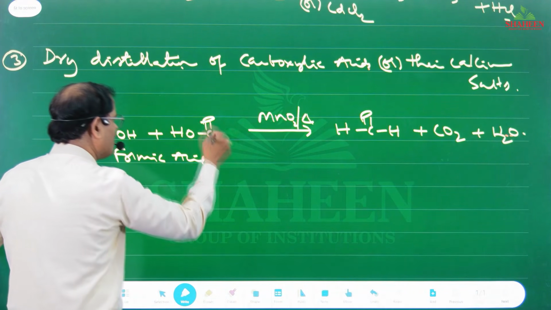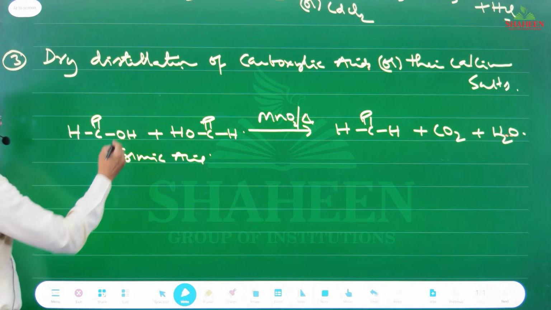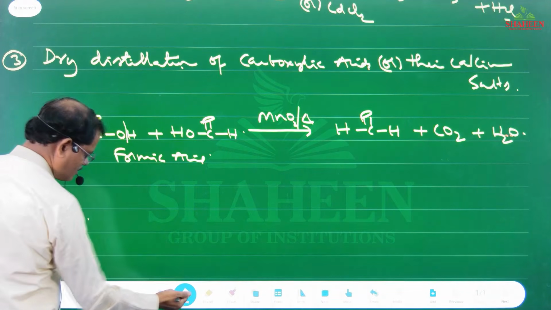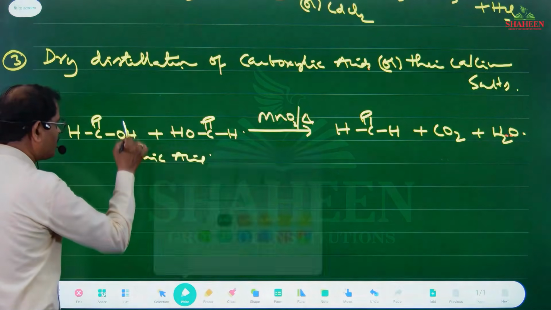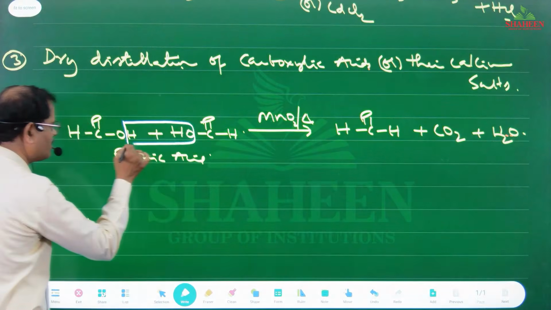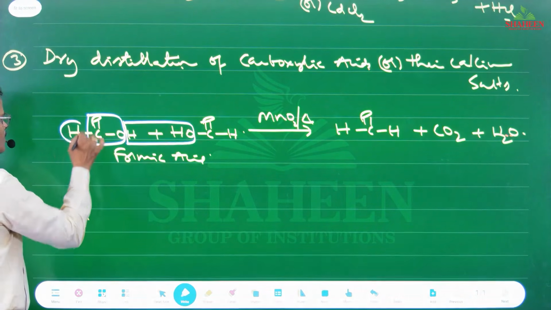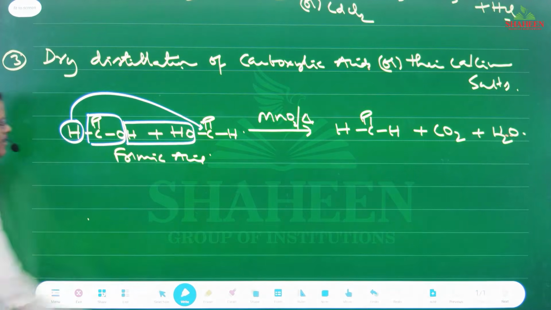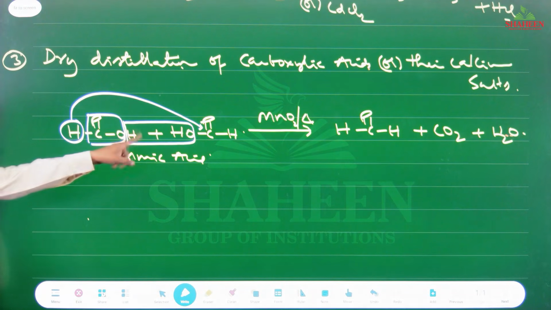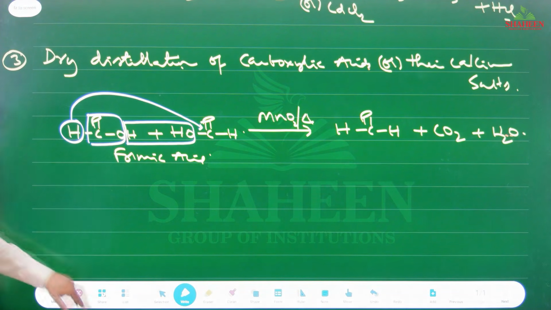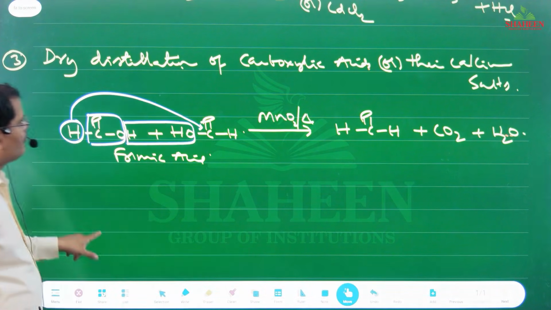Here, from this part water is removed, and this part has carbon dioxide. Now this one is added to this carbon. So what we have is formaldehyde, and carbon dioxide and water. In this way, we can get formaldehyde.